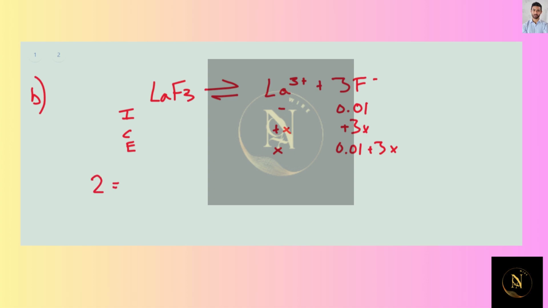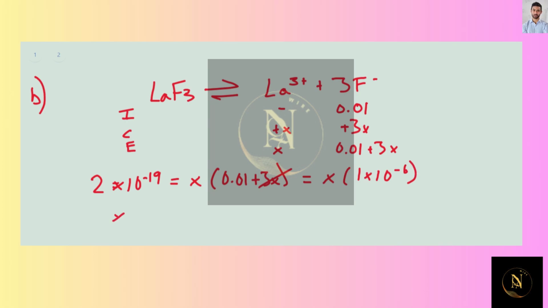So our Ksp is 2 times 10 to the negative 19, which is equal to x times 0.01 plus 3x. But since our Ksp is very small, we can eliminate this addition of x, and we get simply x times 0.01 cubed, or 1 times 10 to the minus 6.